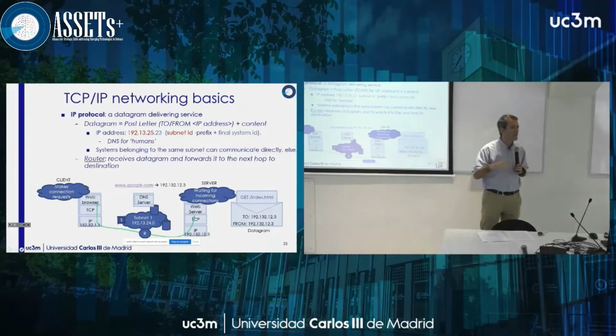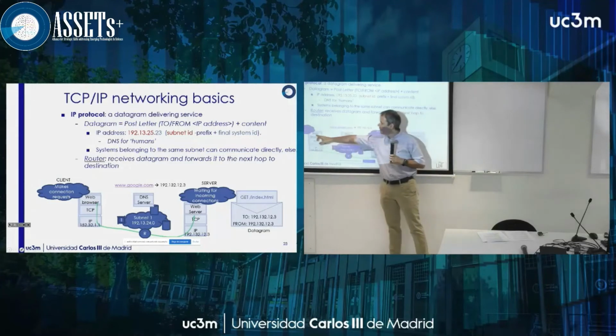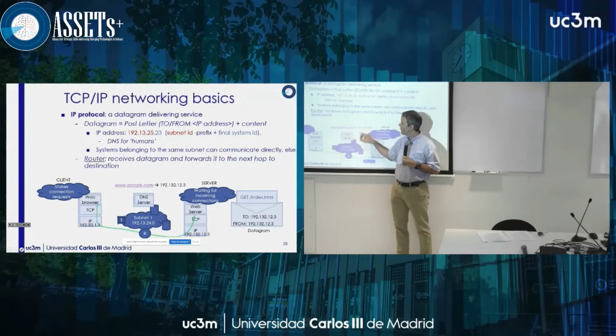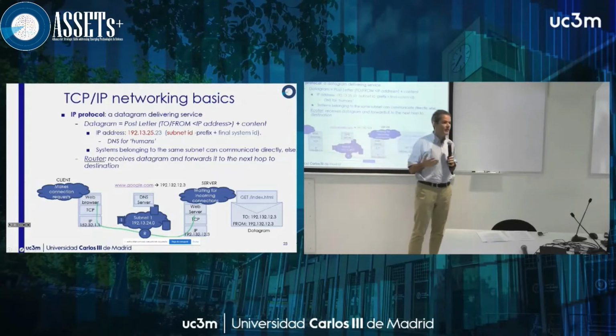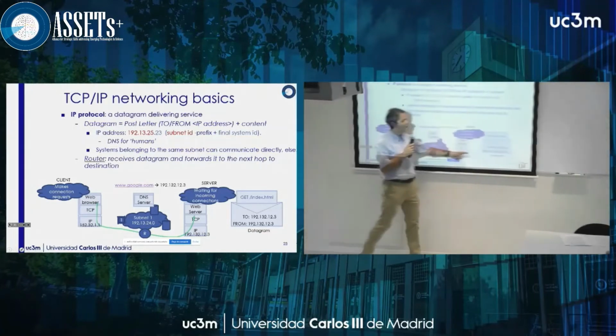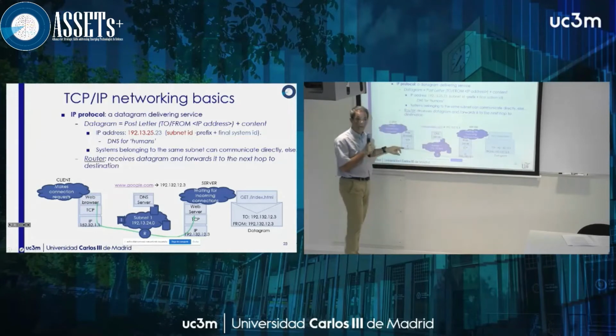When we write, for example, I want to connect to Google, first of all, we make a request to the DNS server: what's the IP address of Google? And it responds with its IP address. After that, I can send a datagram to Google because I know its address, and of course, I know my address.